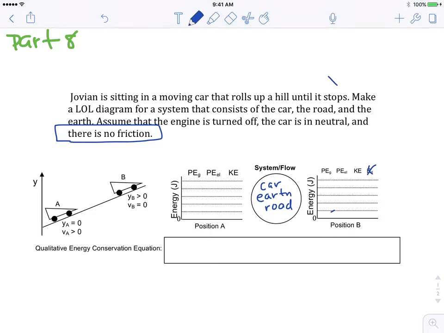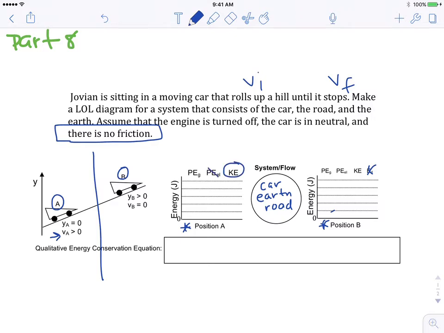So velocity final, velocity initial. Velocity initial is right here, the velocity in position A. Remember, we do one side for position A and one side for position B. For position A, the velocity is greater than 0. That means it's moving, so we have kinetic energy. We can say that for sure.